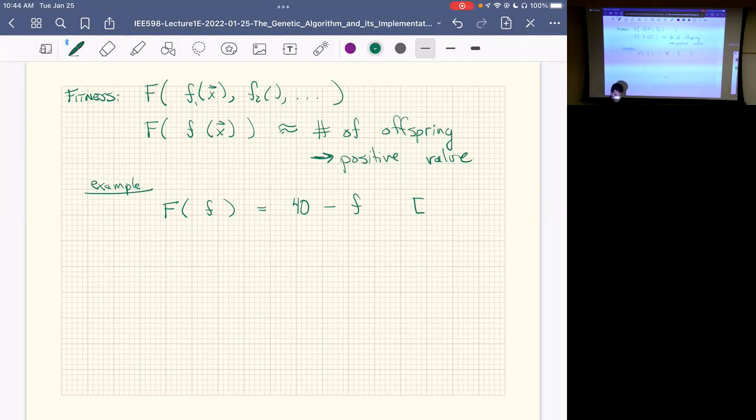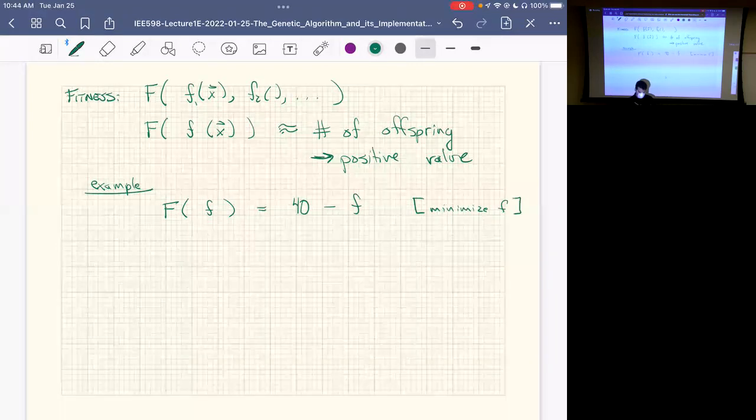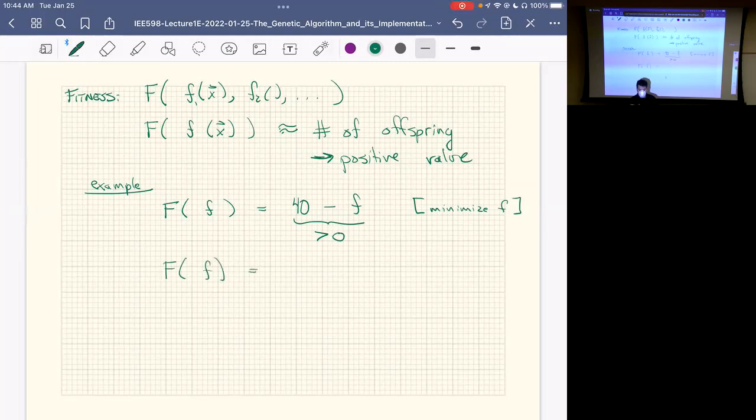And this 40 would be large enough to ensure that capital F stays positive, greater than 0. Or you could imagine big F could just be simply f, or maybe f plus some offset. This would be the case where you want to maximize f, but you also added an offset to ensure this is greater than 0.